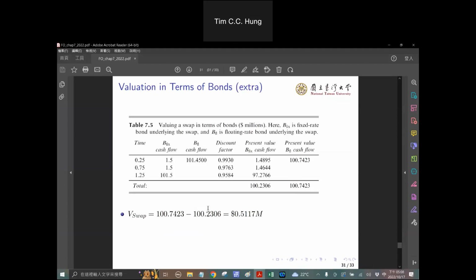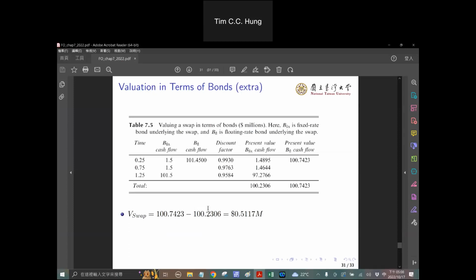So we know that we are standing here at 0, then 3 months, 9 months, 15 months, and then negative 0.25. 3 months ago, it was announced that the LIBOR was 2.9%. So it basically tells us that the floating bond will have to pay $1.45 in this time period.